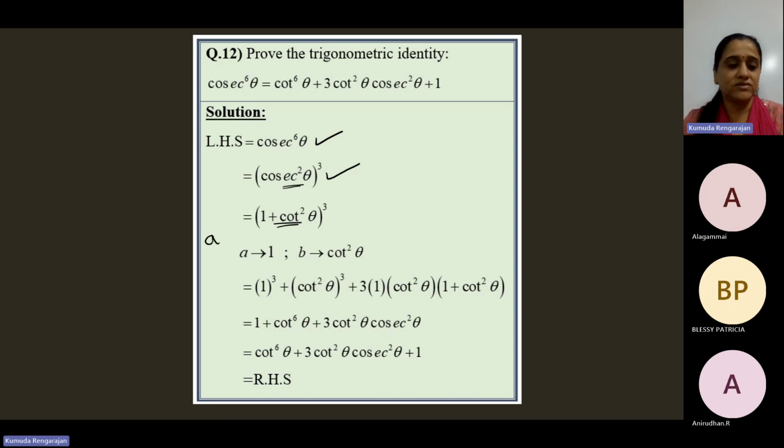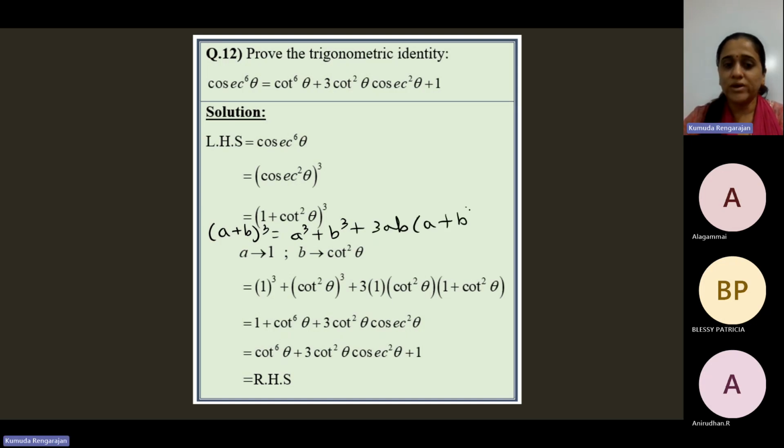Now the identity is a plus b, the whole cubed is equal to a cubed plus b cubed plus 3ab into a plus b, where a is 1 and b is cot square theta. So we get 1, then cot theta to the power 6, and 3 into a into b, which is 3 cot square theta, into 1 plus cot square theta.